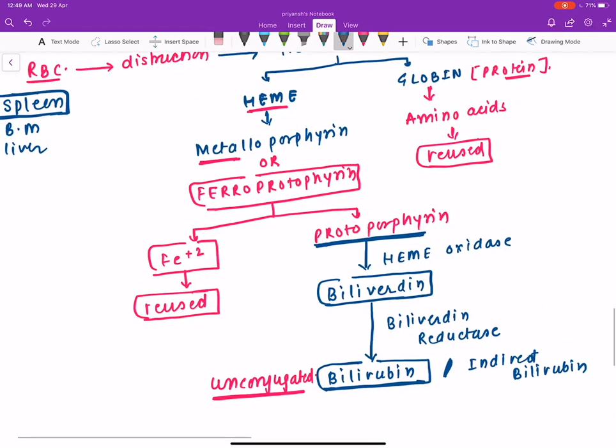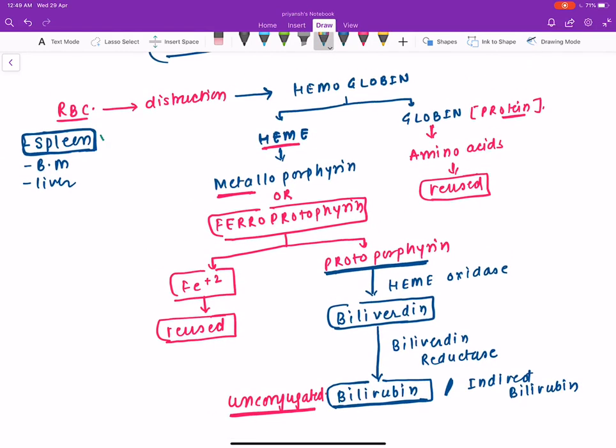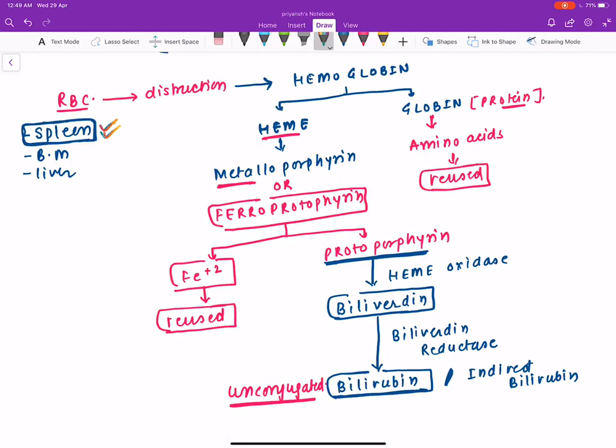I told you that the destruction of RBC mainly occurs in the spleen, so all these reactions occur in the spleen. So I can say the bilirubin was generated in the endoplasmic reticulum of the spleen.